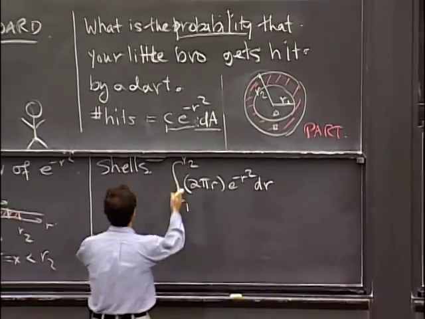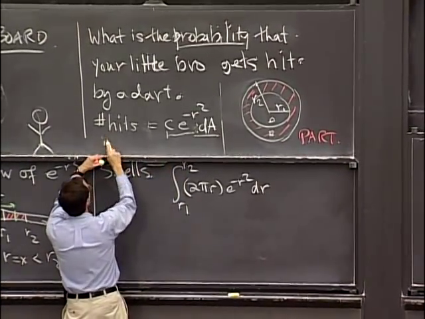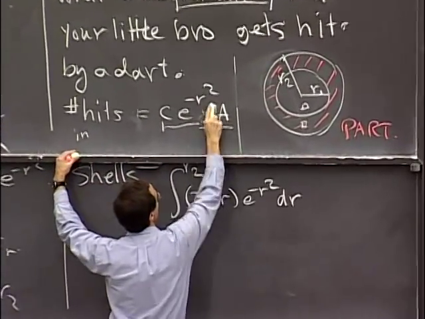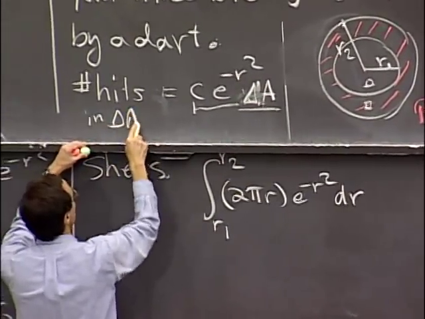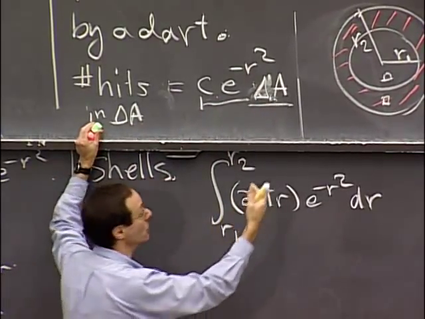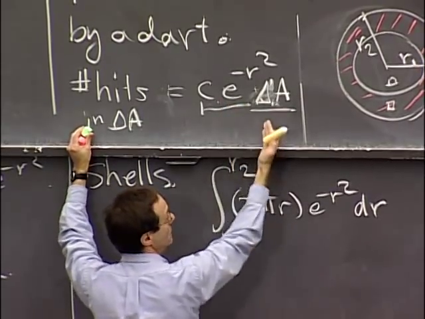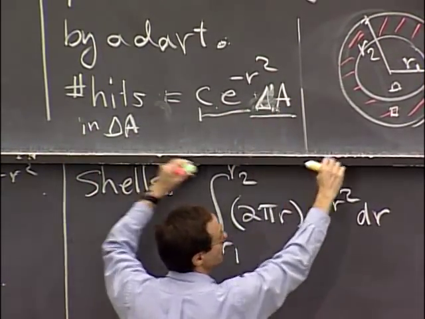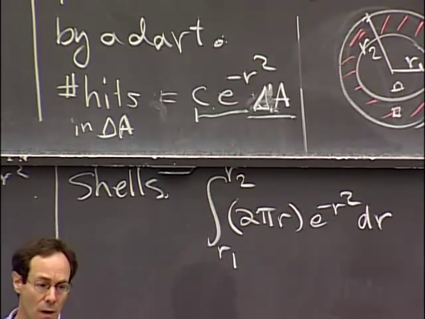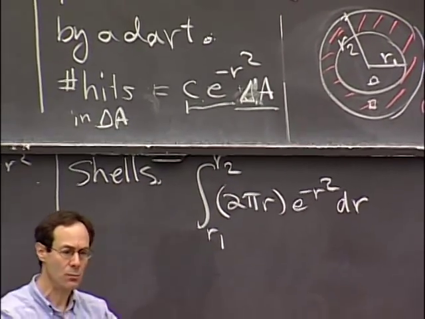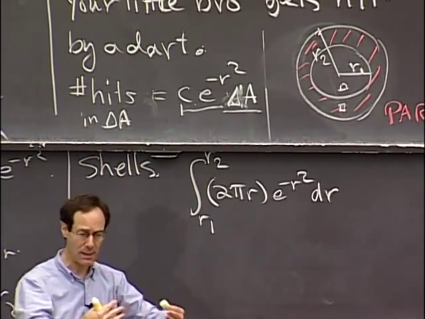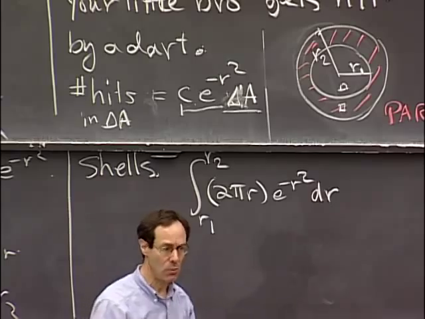The number of hits in a little chunk, so maybe I'll call it delta A, is proportional to the chunk times that. So there's already an area factor and there's a height. So there are a total of 3 dimensions involved. There's the area and then this height. All right? So it's a matter of what I was given, what I intended to say the problem is.